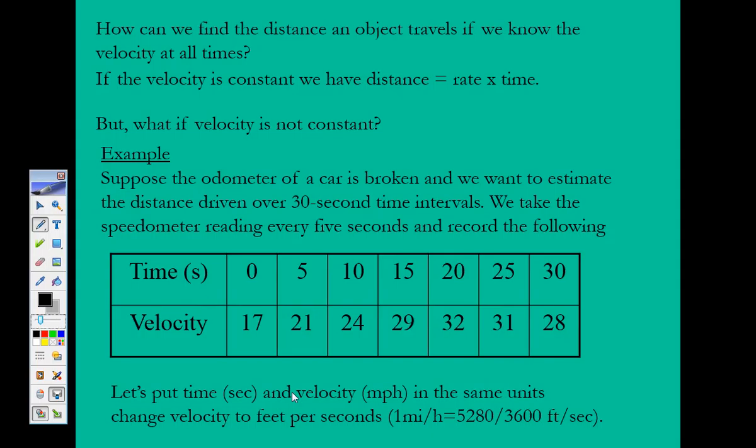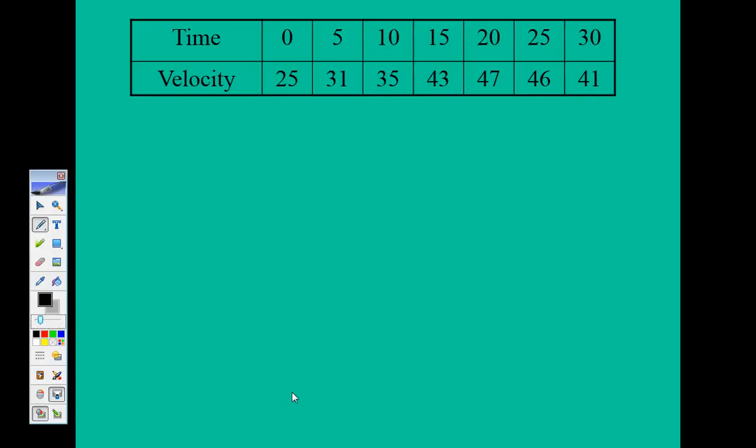If we made the conversion, and our conversion you can see is down at the bottom here, we would get the following table. So we're converting 17 miles per hour into feet per second by multiplying 17 times 5,280 divided by 3,600. That's how we'll convert to feet per second. So when we make the conversion, now we're in feet per second.